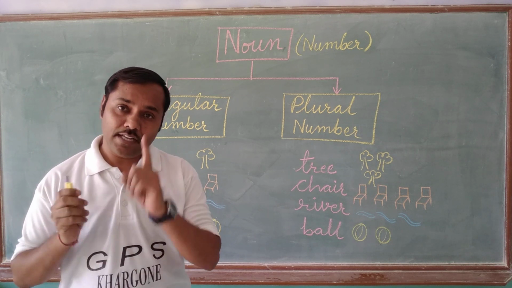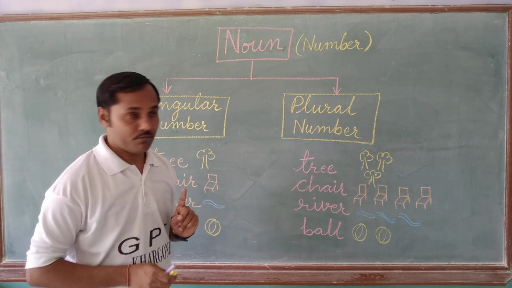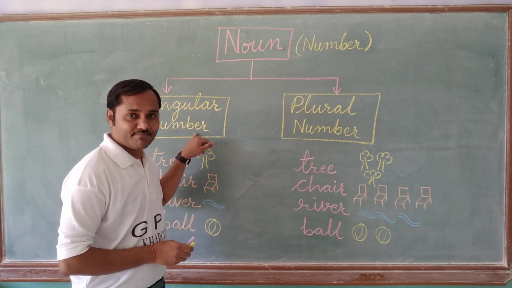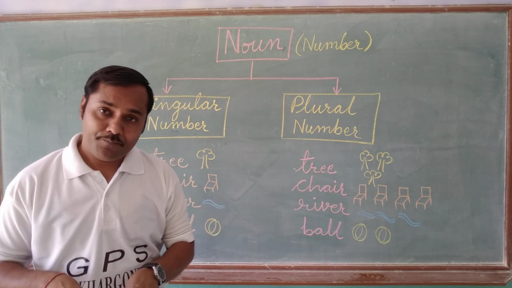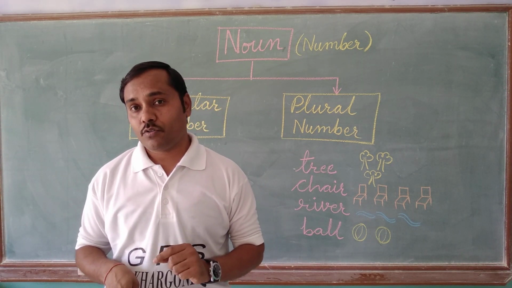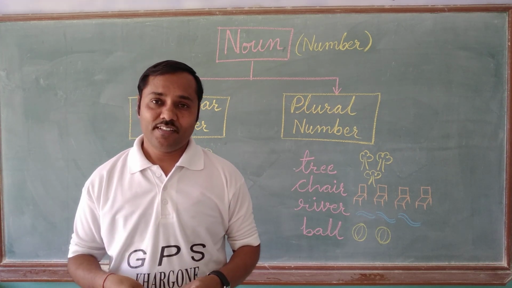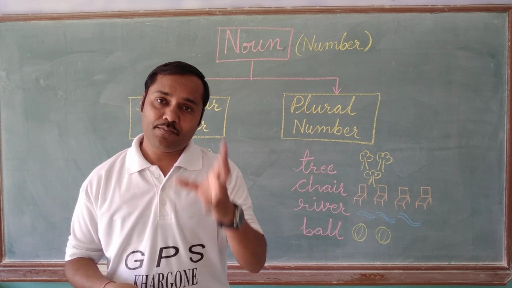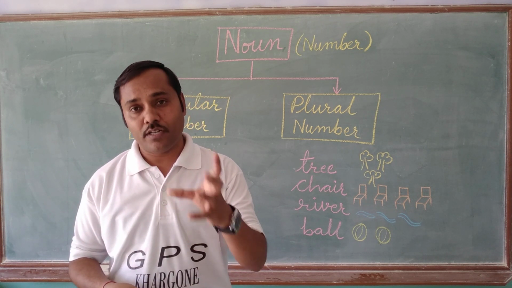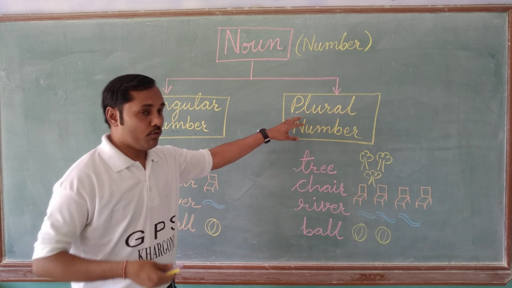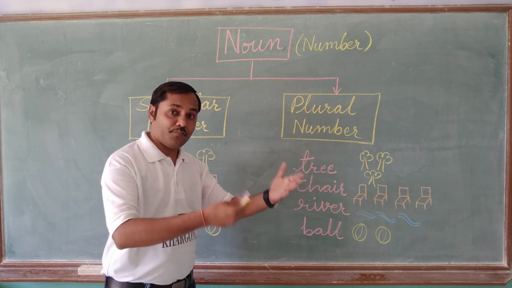That person or thing is called singular number. But when we talk about more than one person or thing, the same noun is called plural number. Plural means more than one, many.